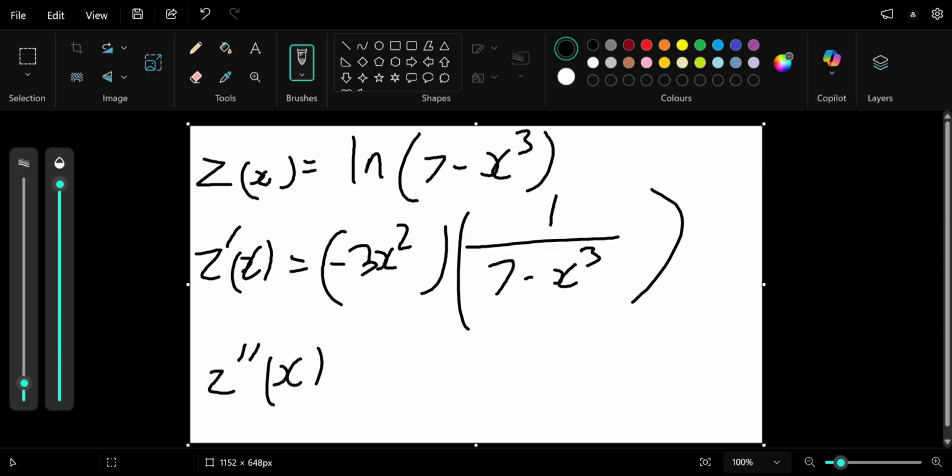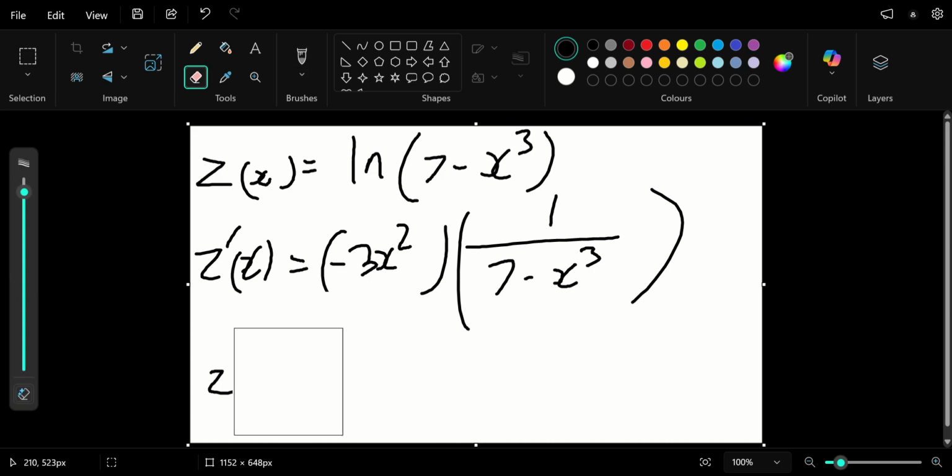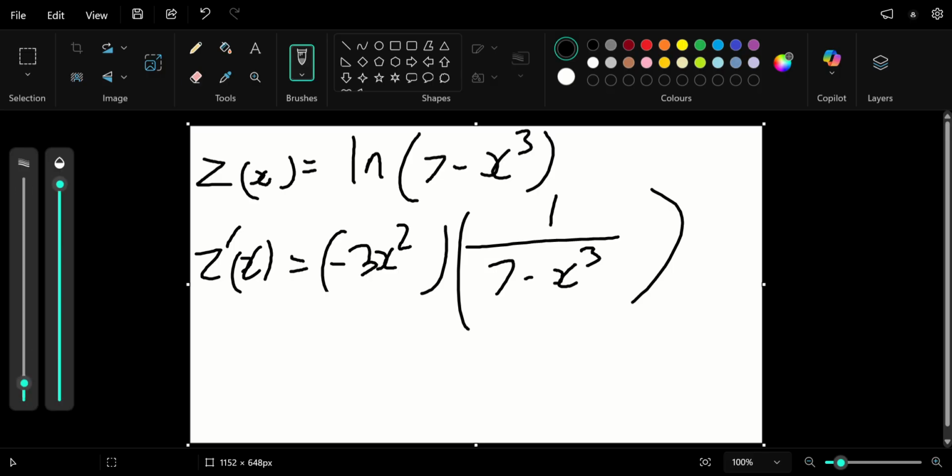But what if you want to find the second derivative? You can pause the video and try to have a go using the quotient rule to differentiate. We can try this problem together.